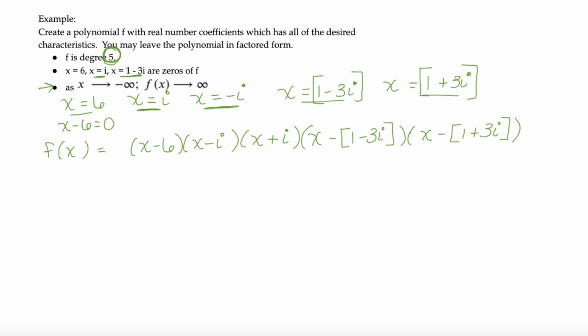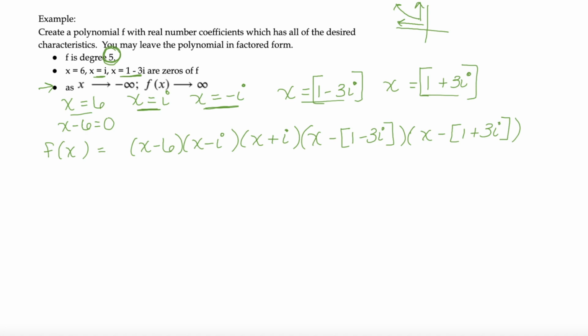Now looking at our solutions, it says that as x is approaching negative infinity, our f of x values, our y values are getting positive. So the left behavior is going up. It doesn't give us any indication if the right is going up or the right is going down.